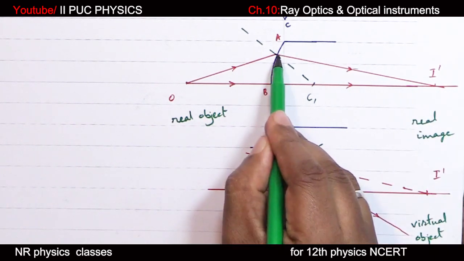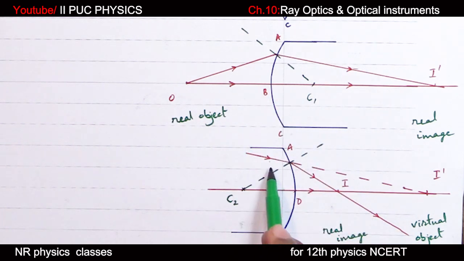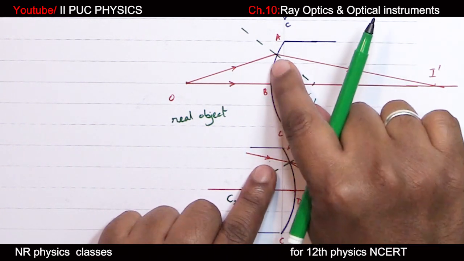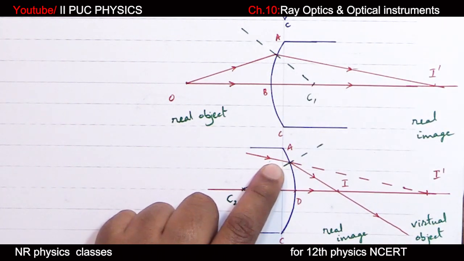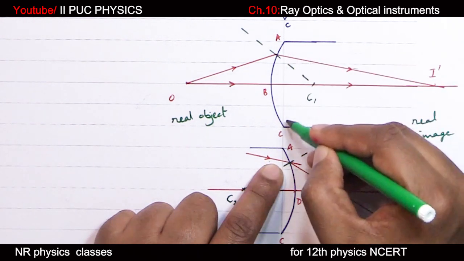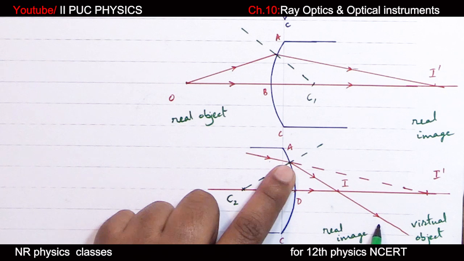But when this ray is traveling inside glass, see, compare. When this ray is traveling inside glass, it undergoes refraction due to ADC. So this ray appears to be coming from this point.